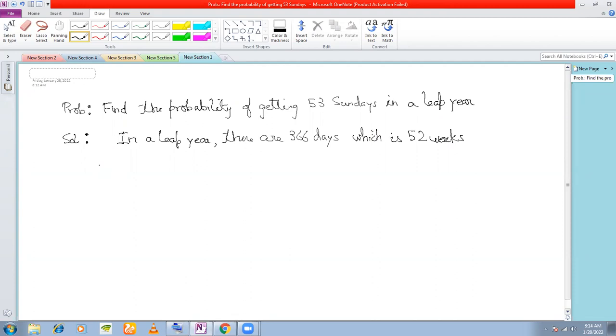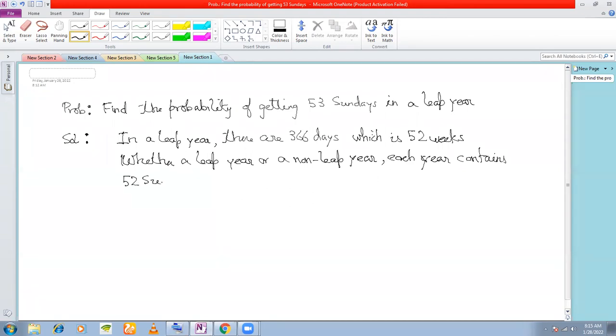That means if there are 52 weeks, you're definitely getting 52 Sundays. So whether a leap year or a non-leap year, each year contains 52 Sundays, right?